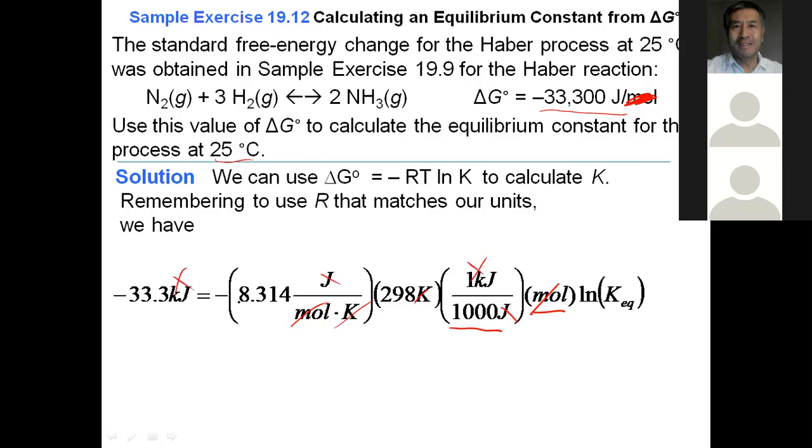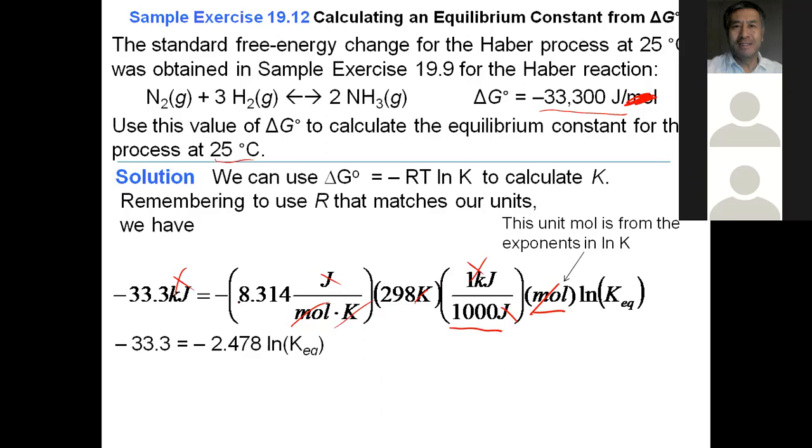You should have no unit. So you get negative 33.3, then negative 2.478, and then ln K_eq. I emphasize this K_eq so as not to confuse it with this K, which is Kelvin. You take negative 33.3 divided by negative 2.478 to get 13.44.